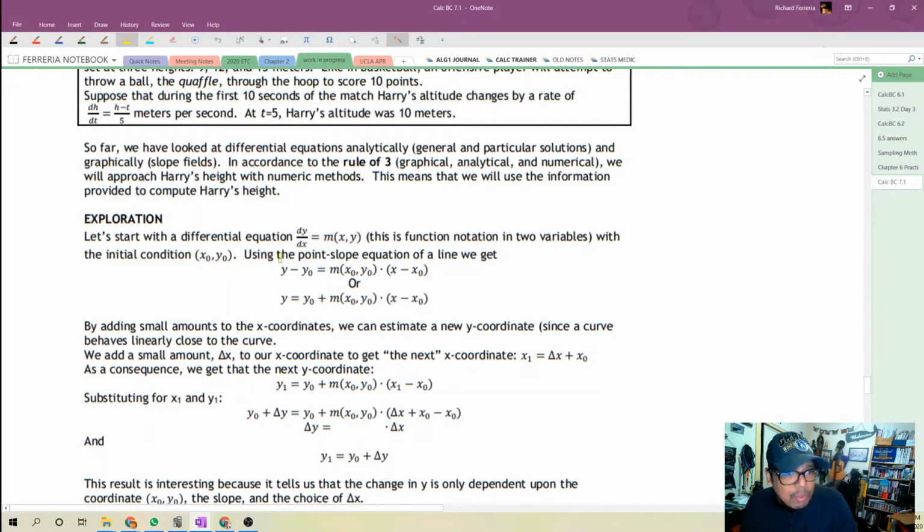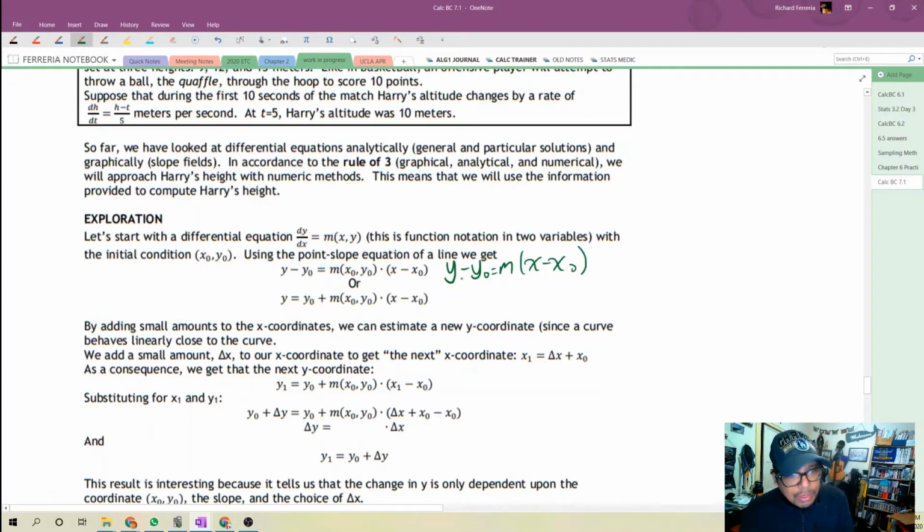So we're going to use a point slope formula, and in the point slope formula we get y minus y naught equals the slope multiplied by x minus x naught. And if that doesn't look familiar to you, let me just write that. This is the same as y minus y naught equals m times x minus x naught. And that's really what you learned in Algebra 1.